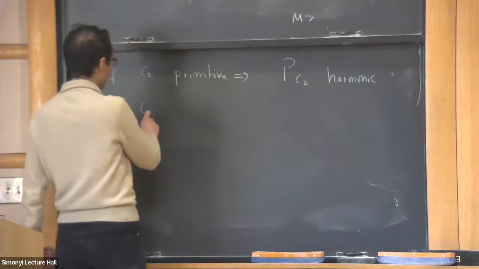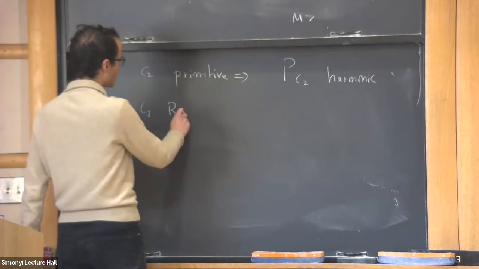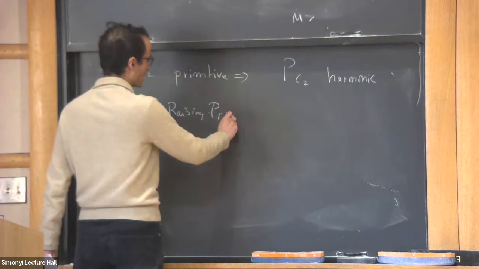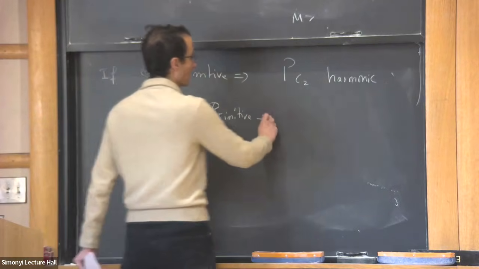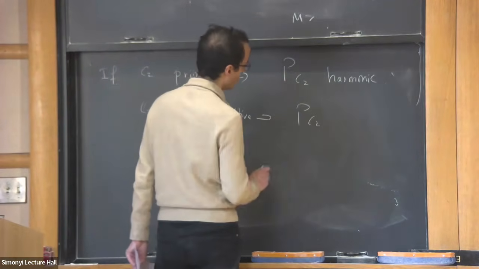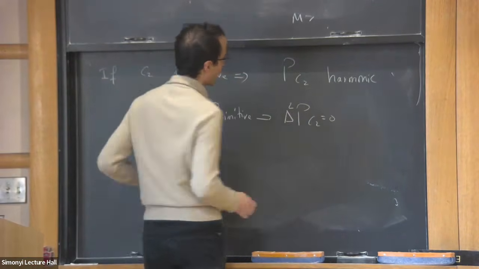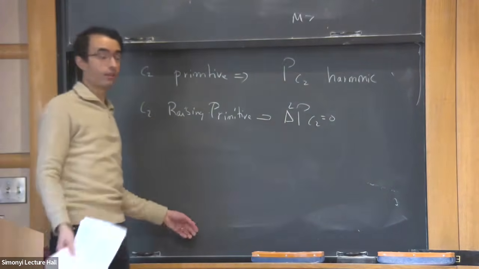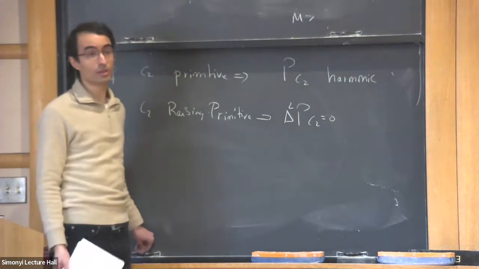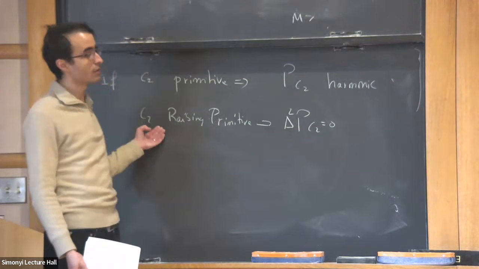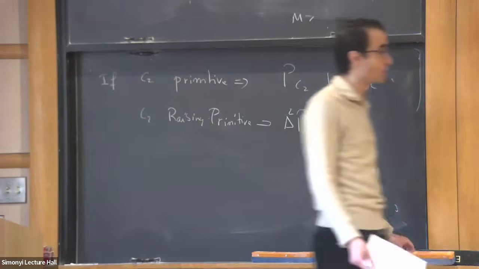If C2 is raising operator times primitive, like it lies in another piece of the Lefschetz decomposition, then PC2 is not going to be harmonic, but the Laplacian squared is 0. So the degree at which this P is far from being harmonic is measured just by which piece of the Lefschetz decomposition C2 lies in.